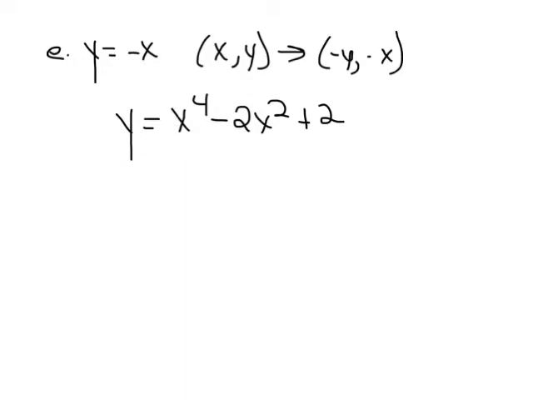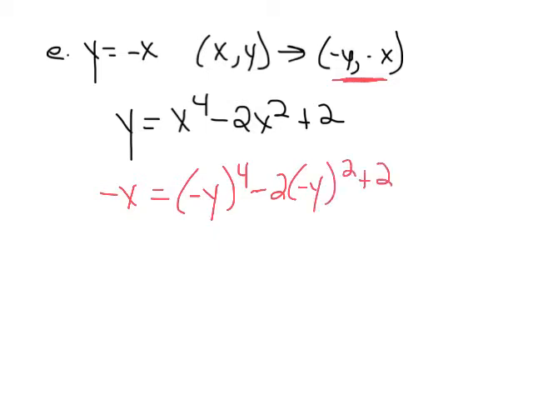And the same thing for this one. If I use this rule, that means my y value is now negative x, and my x value is now negative y. We can do a little bit of work here because we can square our negative values. But I'm still not going to end up with the original. This is y to the 4th minus 2y squared plus 2.